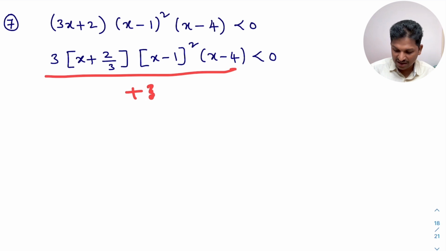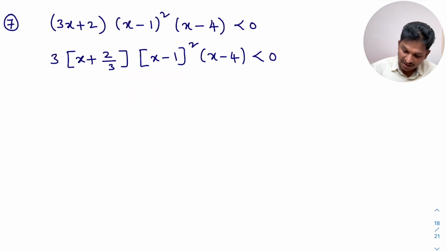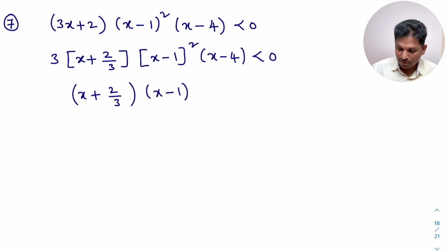You divide with 3 on both sides. As 3 is a positive number, the sign of inequality remains same. This side 3 will get cancelled. So what I'll get here, I'll get (x plus 2 by 3) into (x minus 1) whole square into (x minus 4) less than 0.